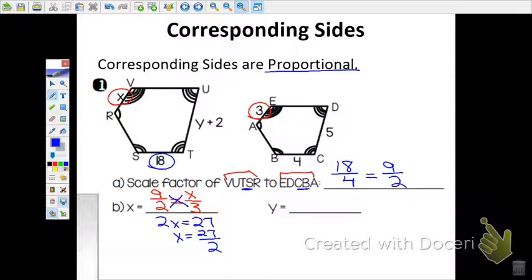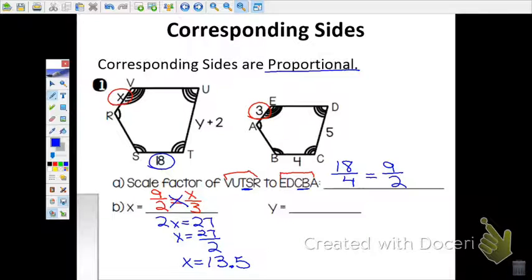And here we're talking about a side length. Okay, so we don't want to leave it as 27/2. What is 27 divided by 2? 13.5. Okay? So because we're talking about the length of a side, we're not going to leave it as that improper fraction.